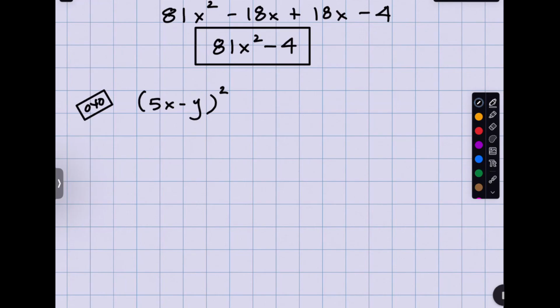What is the power attached to? The parentheses, which means we got to write the parentheses how many times? Twice. So let's write the parentheses twice first.